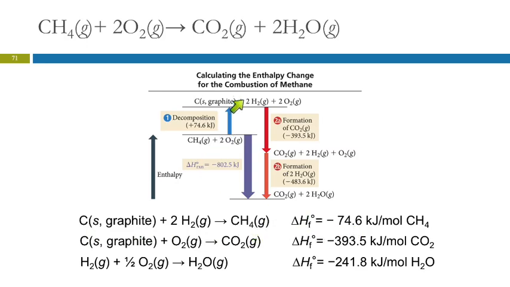So if I decompose it, if I run this backwards, it's going to release 74.6. And then I'm going to imagine, well, now I've got all the elements. I'm going to make CO2 from those, and I'm also going to make water from the standard states. So I can look up making CO2 and find out that this is delta H. And I can find out the energy change from making water, and it's this one down under the pointer.